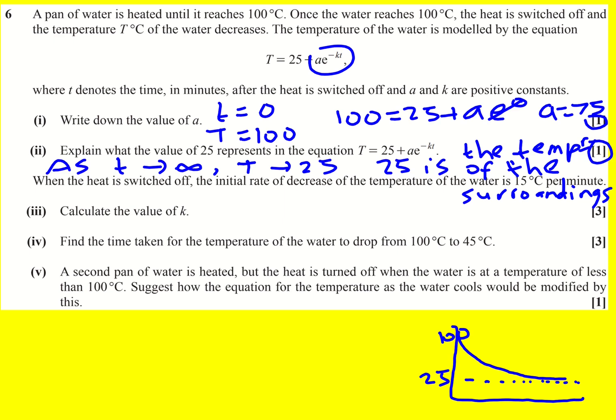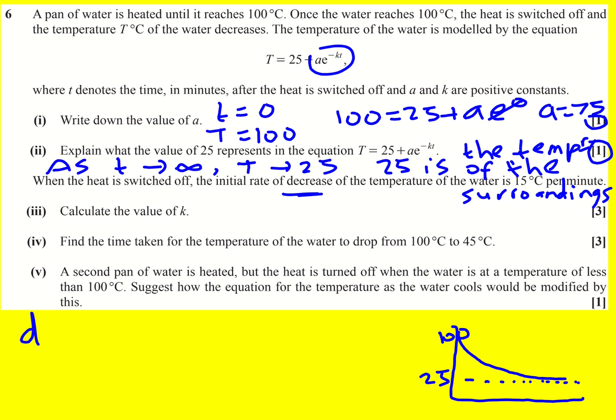When the heat is switched off, the initial rate of decrease is 15 degrees C per minute. Right, rate of decrease. That wants us to work out what dT by dt is.